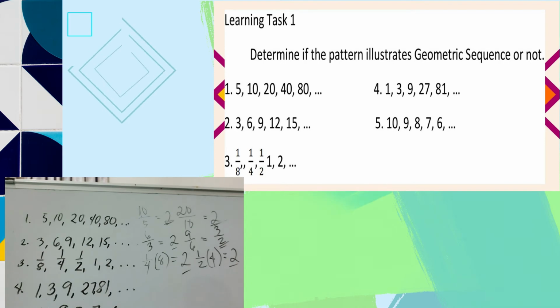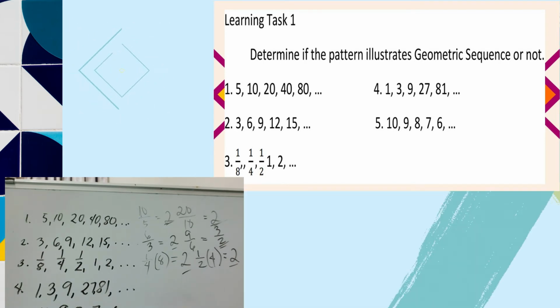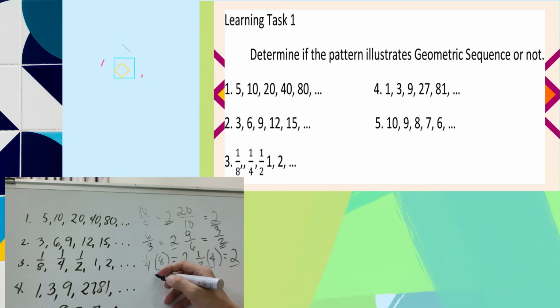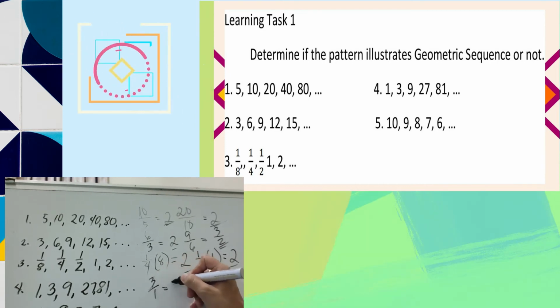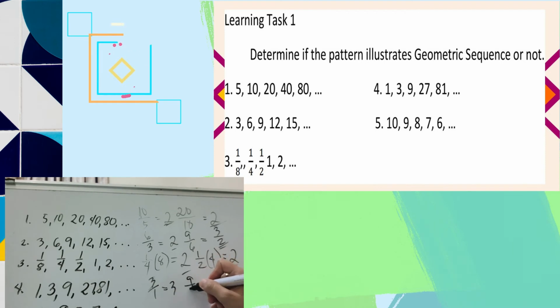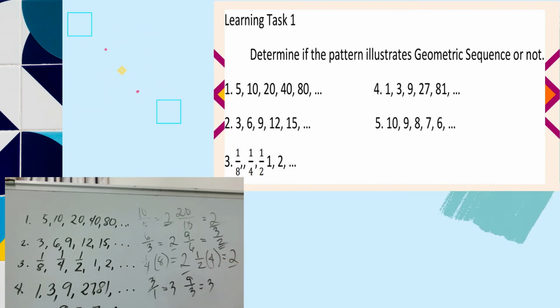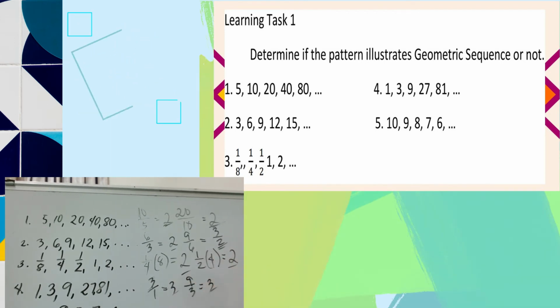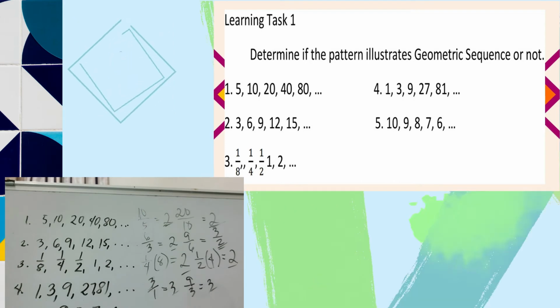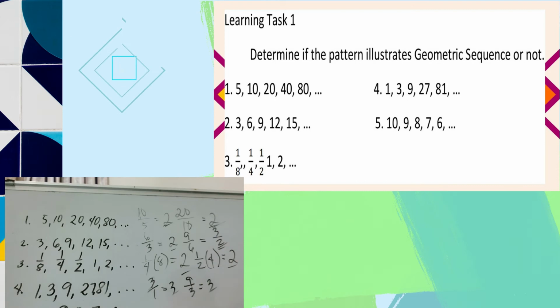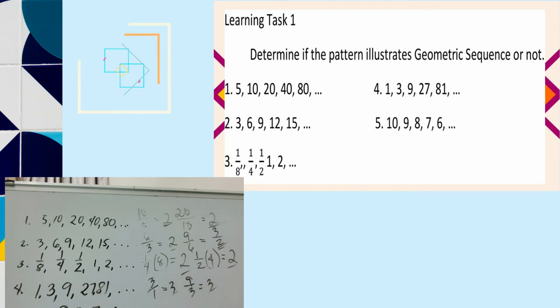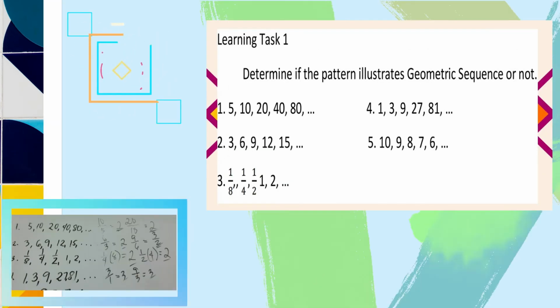Now, let's have number 4. We have 1, 3, 9, 27, 81. So we have 3 divided by 1, 3. 9 divided by 3, 3. So we have the same common ratio. Therefore, number 4 is a geometric sequence as well. How about number 5?